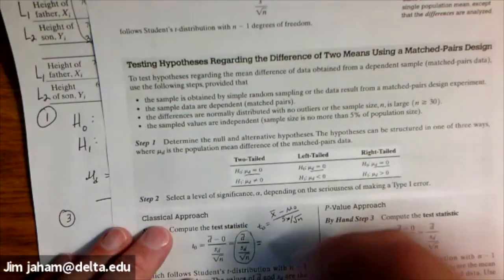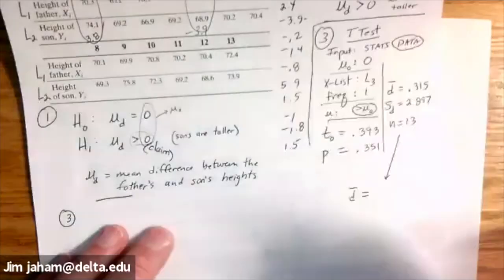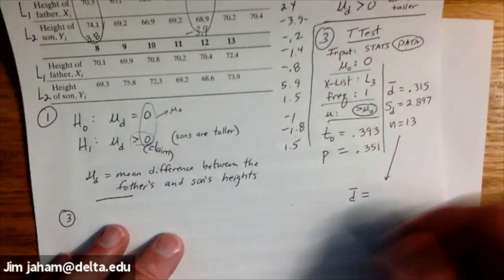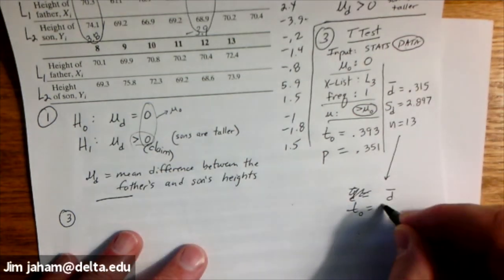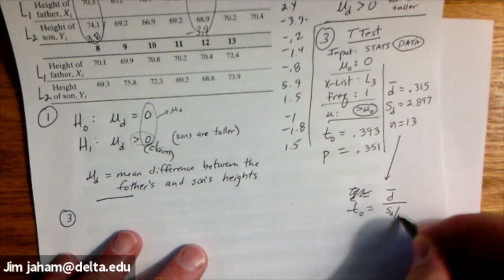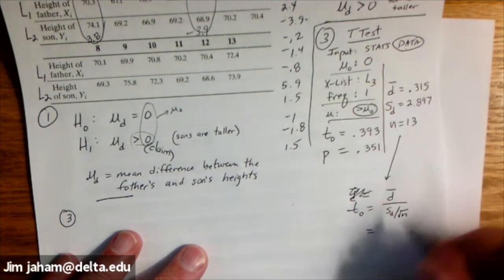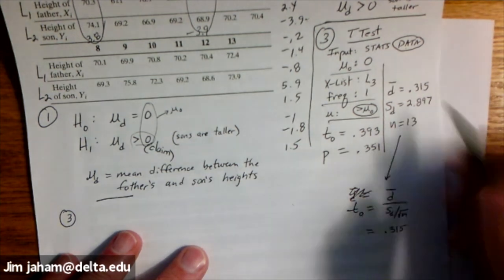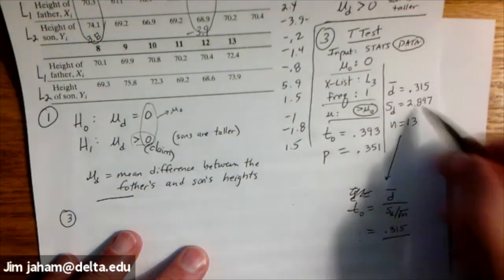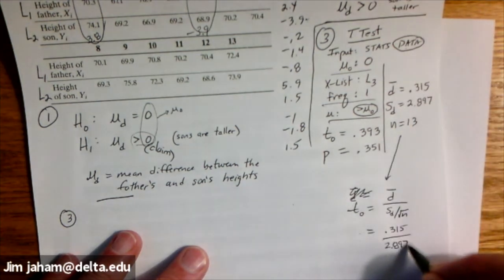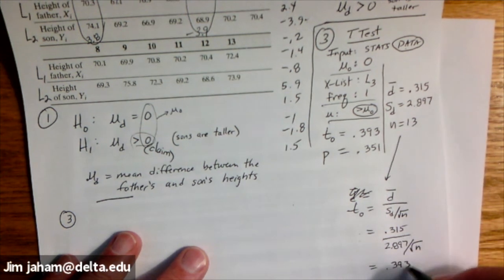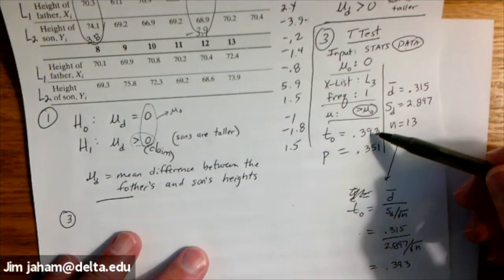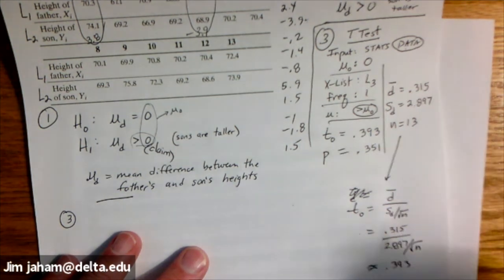So the test statistic would be d bar over SD divided by the square root of n. So d bar would be the 0.315. SD would be 2.897, and then divided by the square root of n. You can convince yourself that this number is 0.393, but that's the work that the calculator does. And this would be an approximation.